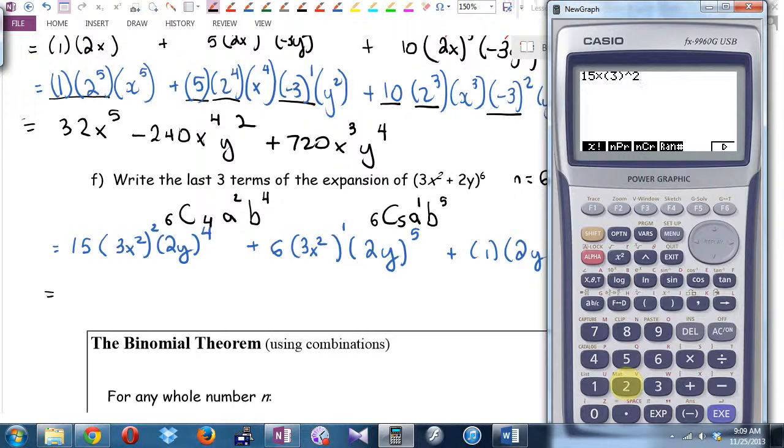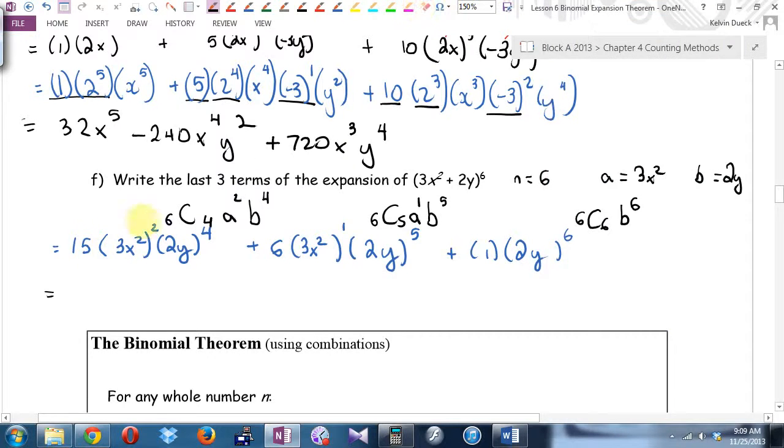What's the next number you see? 2, and there's an exponent on it, to the 4th. You with me? All we've done is focus on the numbers. There's a 15, there's a 3 squared, and there's a 2 to the 4th.